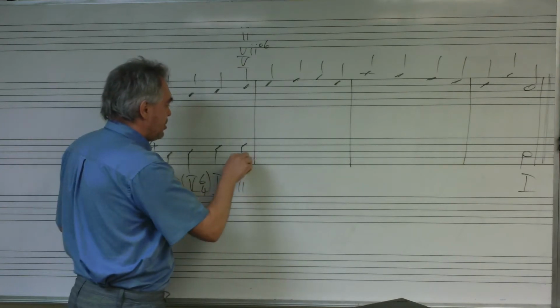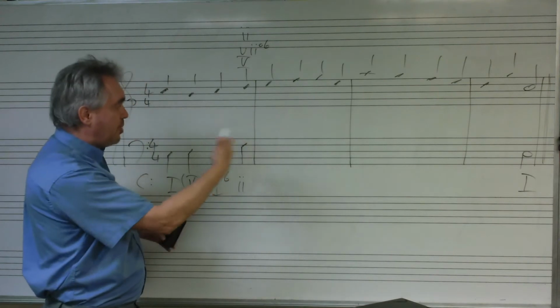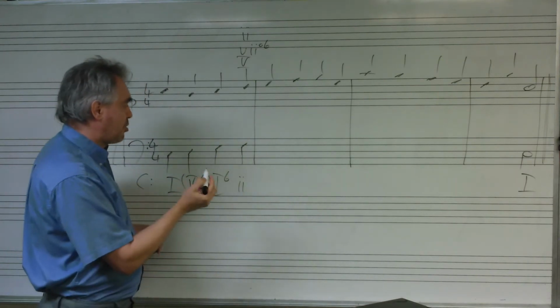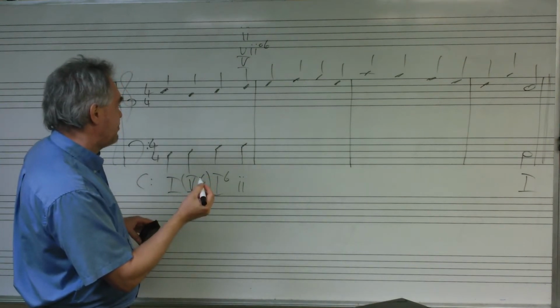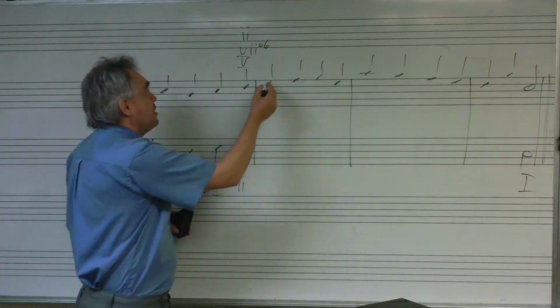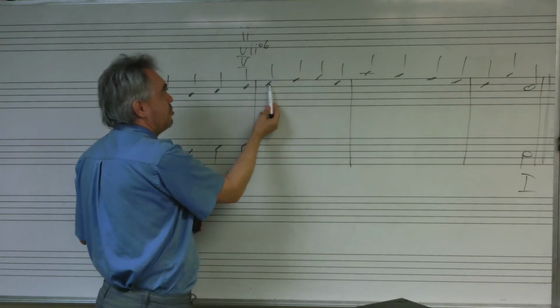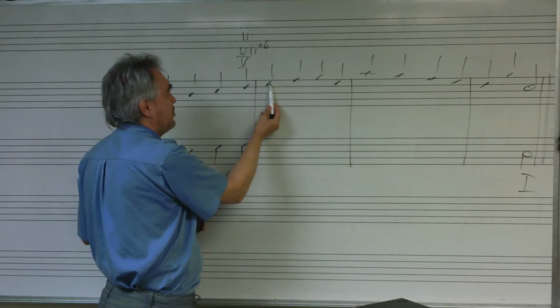So it depends on what comes after, and we may actually have to erase something if we run into problems later on. So now the E could be, if it's the root, then it's a Roman iii.